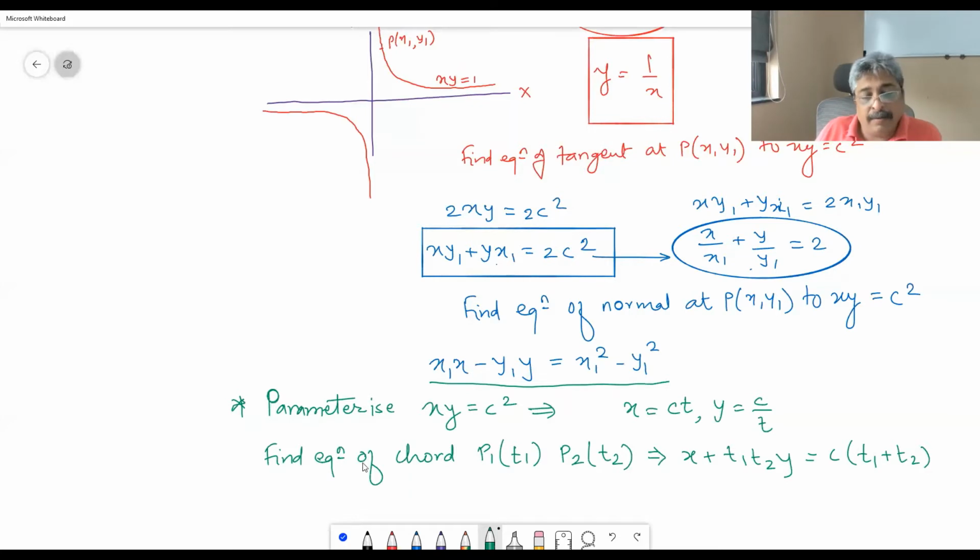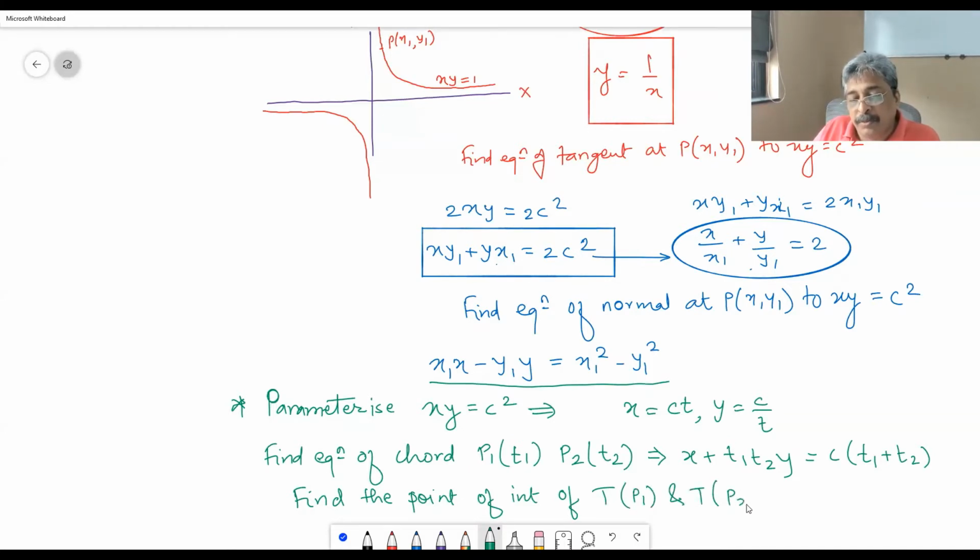Tangent at P1 and tangent at P2. Of course, their corresponding parameters are T1 and T2.